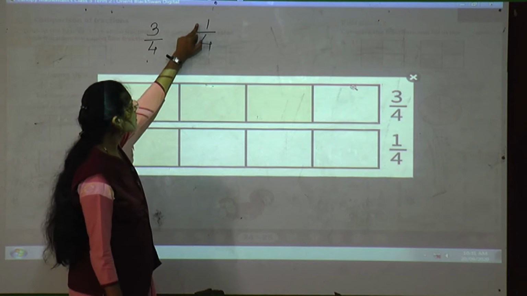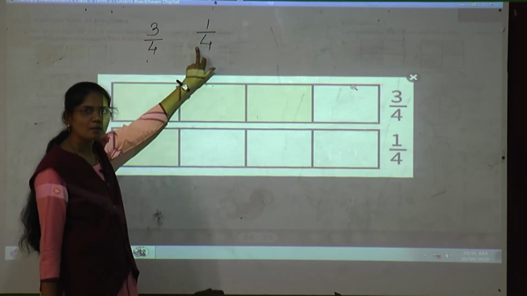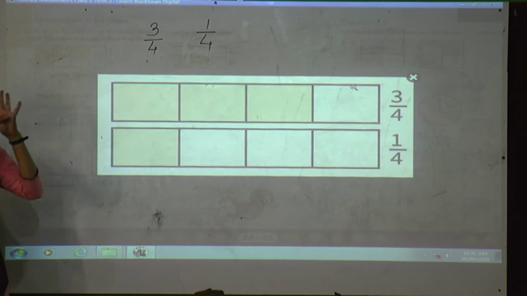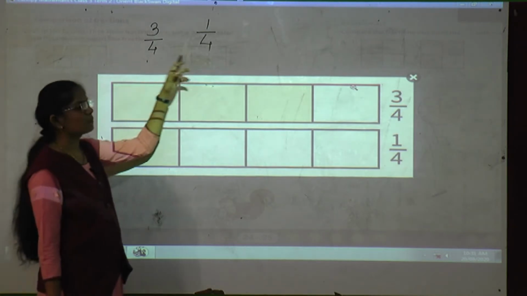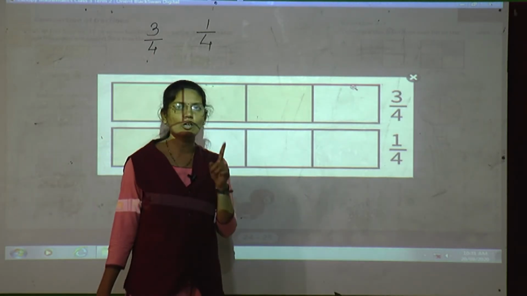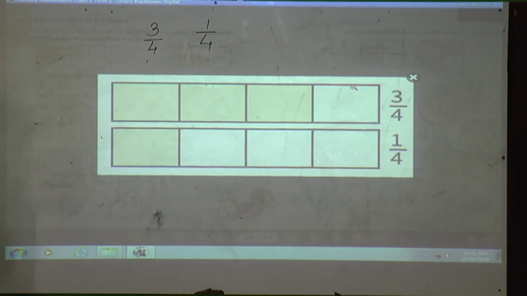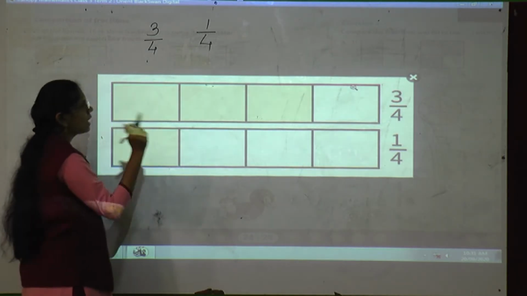Here also 1 is the numerator and the denominator is 4. Means in these two fractions, the denominator is 4. The denominator is equal, the denominator is the same. Okay. Now if the denominator is the same, then it is called a like fraction.